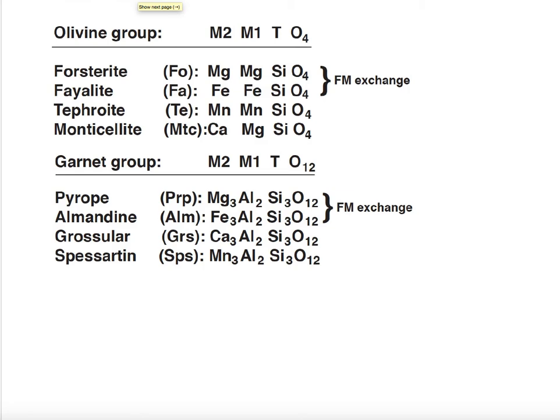So we have 3 silica, all the garnets on this planet have 3 silica. 3 multiplied by plus 4 is plus 12. Aluminium is 3 times positive charged, 2 multiplied by 3 is 6. And magnesium is 2 times positive charged, 3 multiplied by 2 is 6.